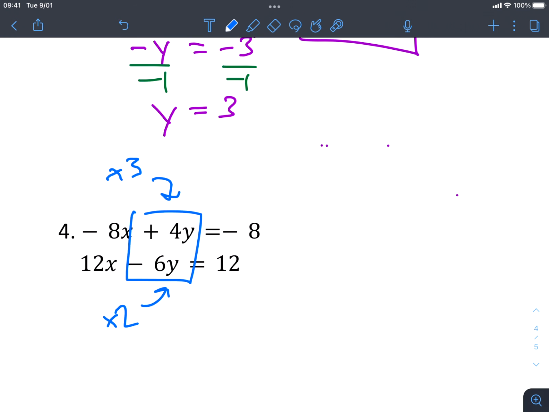So it's just finding what you're looking for to multiply in order to get the variables to cancel out. And that's elimination for systems of equations, part 2.